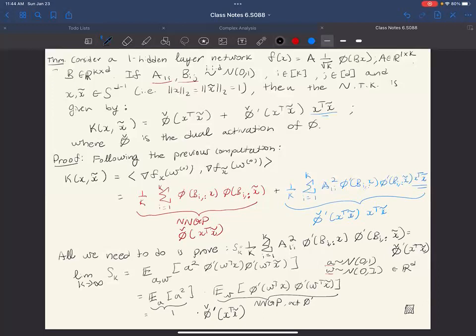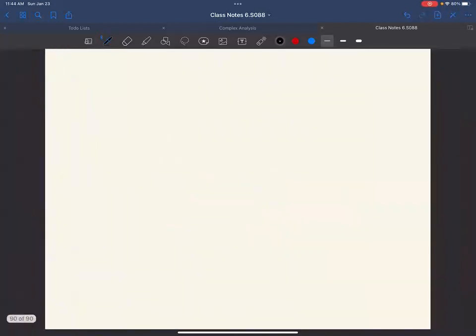Okay, so now what I want to do is give a simple example of how to actually write out the NTK for a ReLU network. So remember in the last lecture, we gave the example for the neural network Gaussian process for a ReLU network.